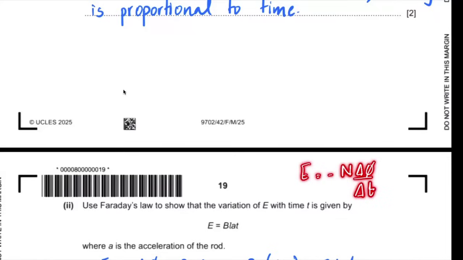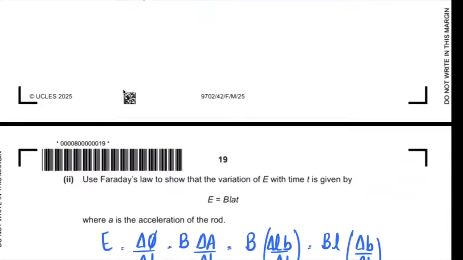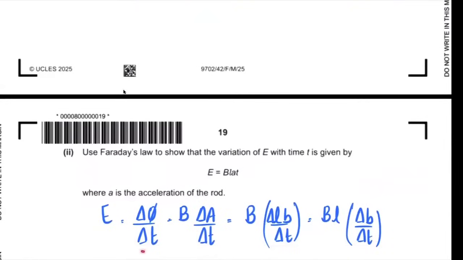But there are no turns here, there's no coil, so there's not really magnetic flux linkage, it's just magnetic flux. So if I'm talking about the magnitude, that's delta phi over delta t, and phi equals BA. B is constant, so I can take it outside of the delta, so it's B into delta A over delta t.